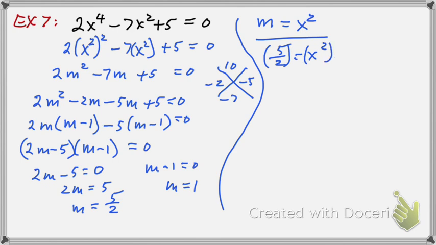I can raise this to the 1/2 power. Oh, there's probably a better way of writing it. I can just say take the square root of both sides. So I've got the square root of, so plus or minus, equals x.